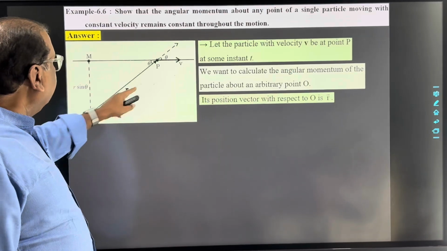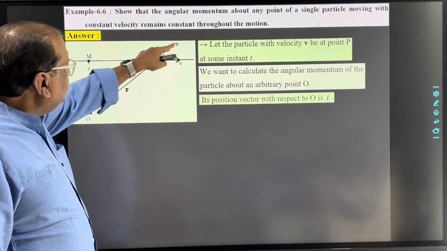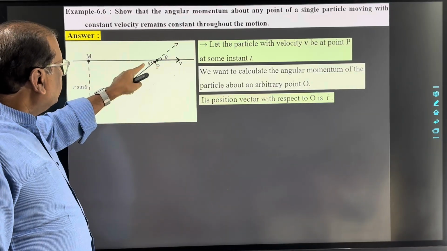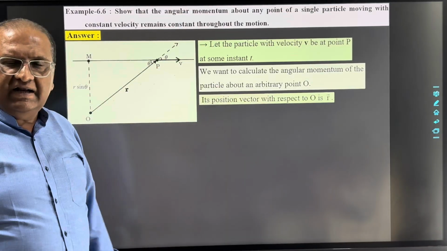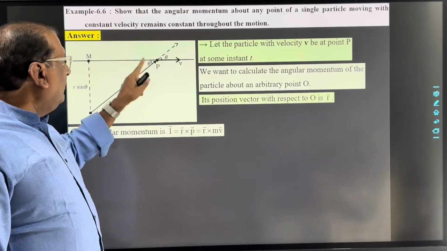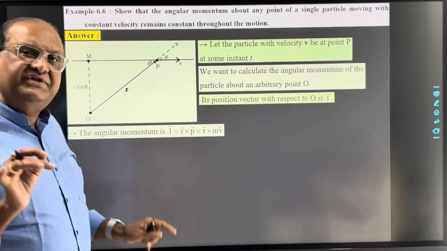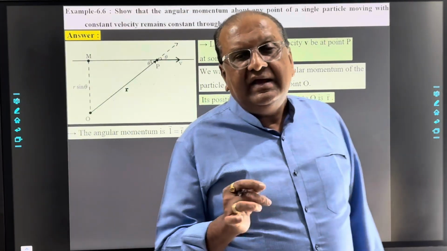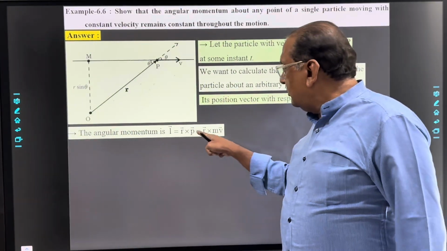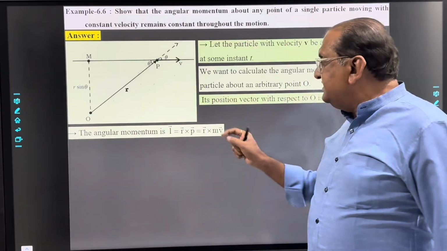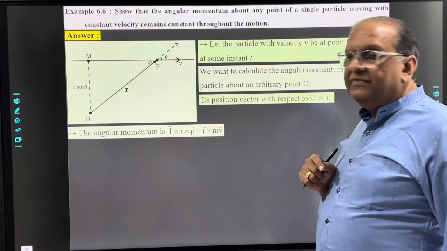The angle between the position vector R and the velocity v is theta, so on this side the angle will also be theta. Now the angular momentum of this particle with respect to this reference point we can write as L equal to R cross P, where P is its linear momentum, which is equal to m into v.